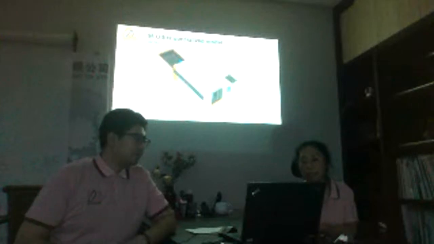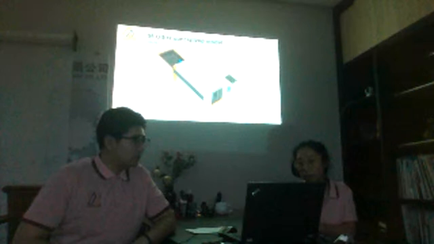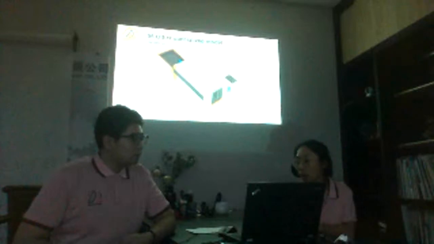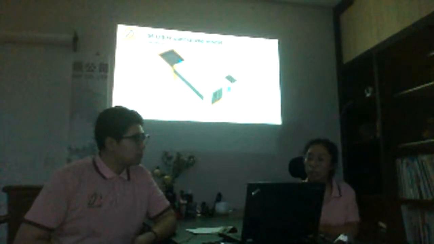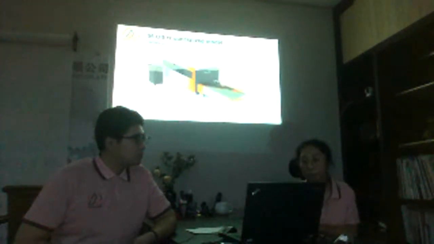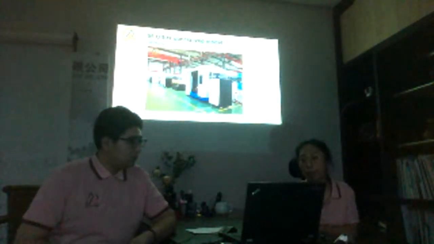Yes, we can see the picture. It also has the SAL 3015 1.5, which also has the enclosure protection and a double work table. And we can see the picture.